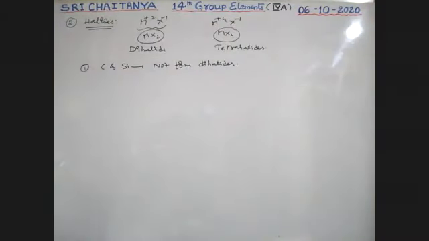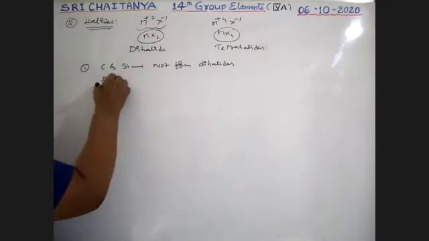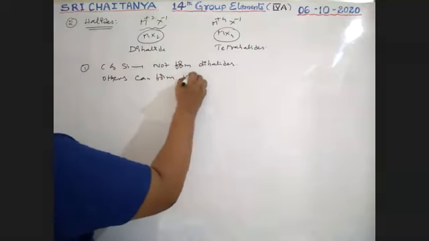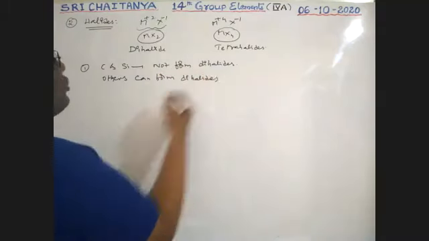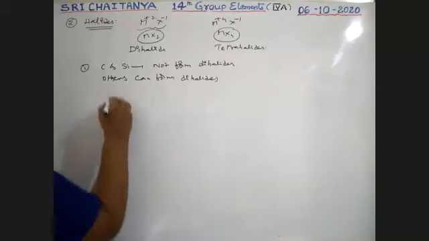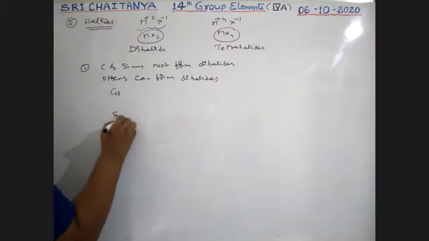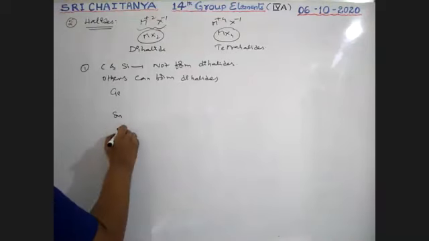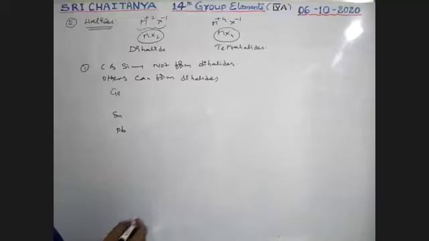So dihalides are not possible from carbon and silicon, and others can form dihalides. What are those others? Except carbon and silicon: germanium, tin, lead. These can form dihalides.